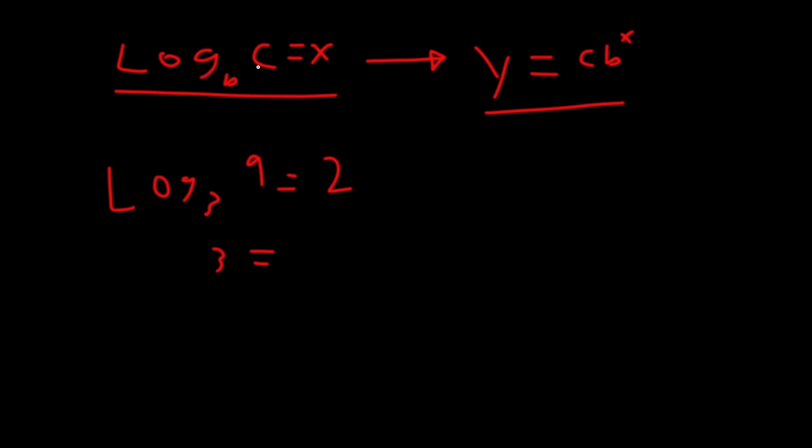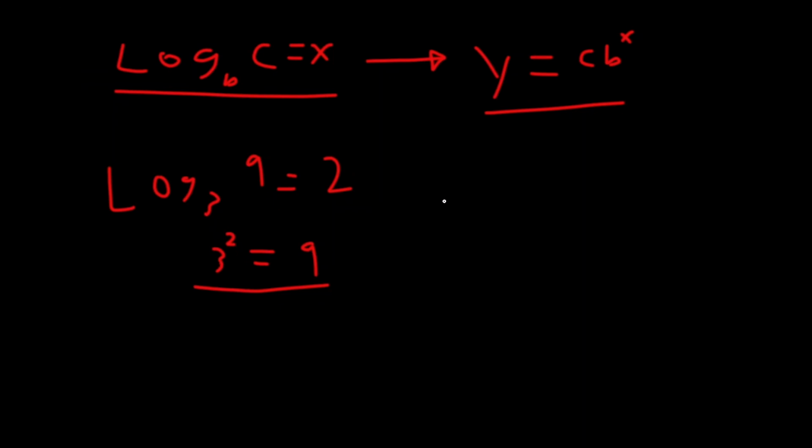You take the number that's your c, the number in front of the log base, and you rewrite it to the other side, like this. And this final number is the most tricky. It always goes above the base. So in the end, we have 3 squared equals 9. You know this is right, as 3 times 3 is equal to 9.